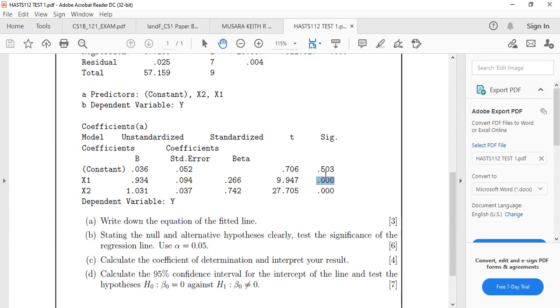You guys know how to calculate these things, but now we are asked in a simpler way. Okay, which conclusion do you come up with? I think there's a conclusion that you usually say, therefore the linear regression model is statistically significant, or the regression line is significant. Which conclusion will you be coming to?